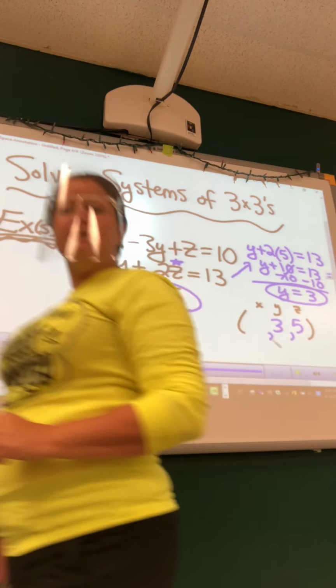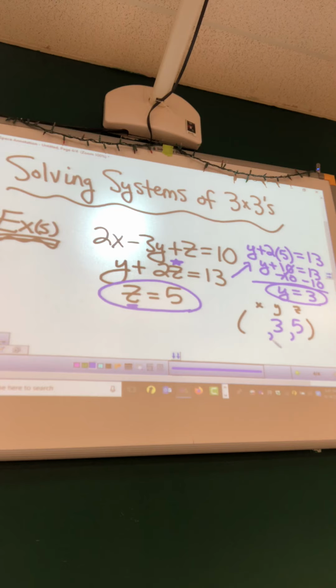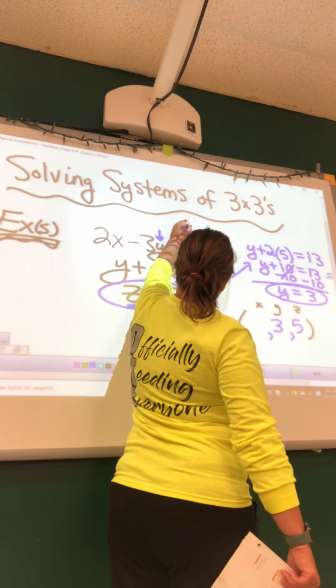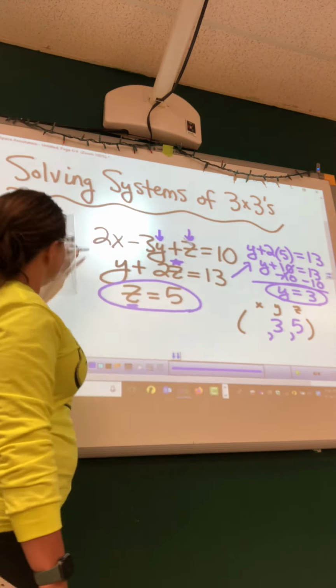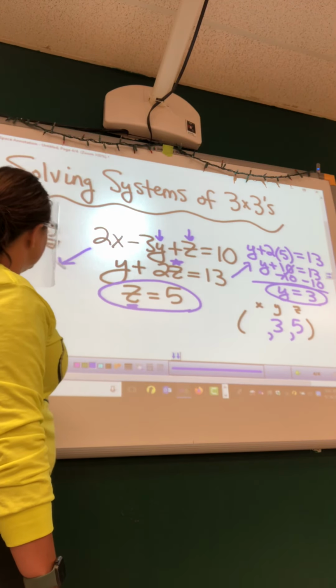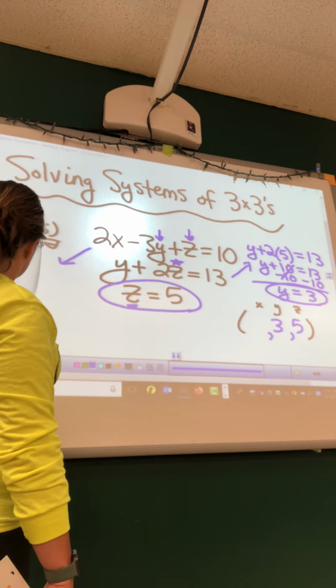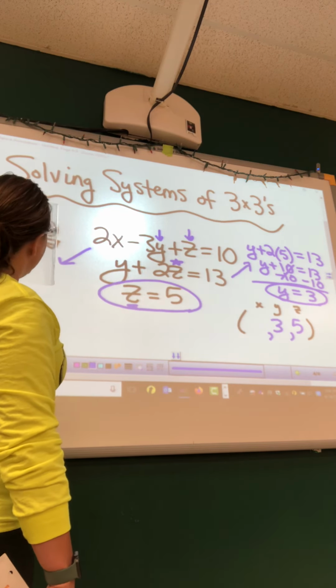Now we're going to take that y and that z, and we're going to substitute them into the top equation where I see y and z. So we're going in here and here. And I'm going to go down here since I have a little bit of space. Well, let's see.